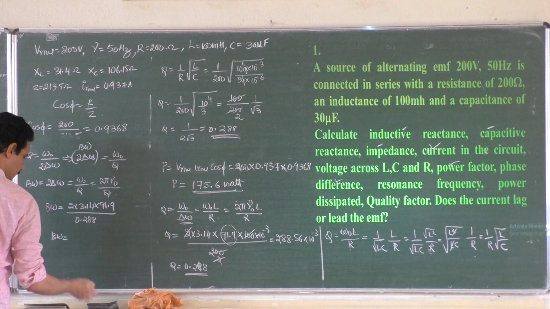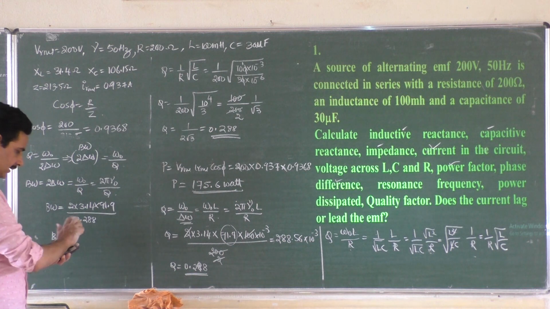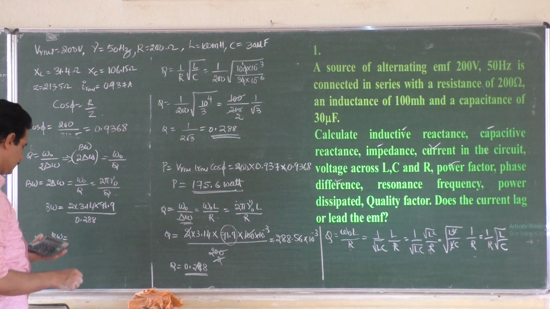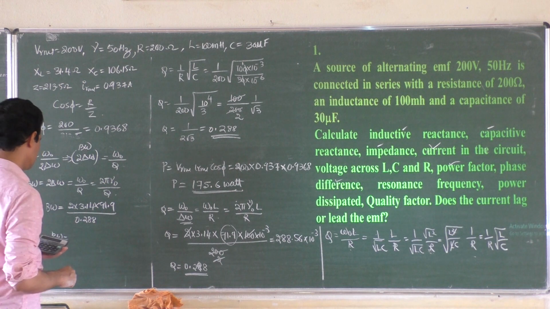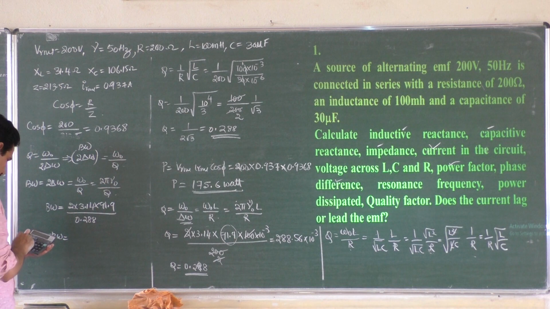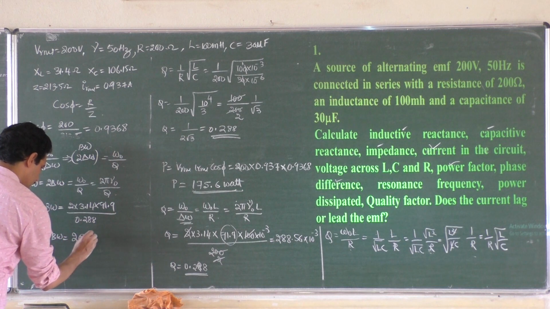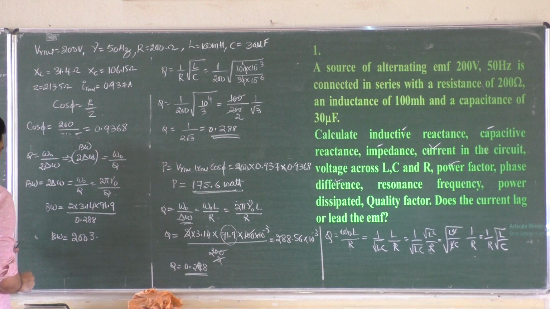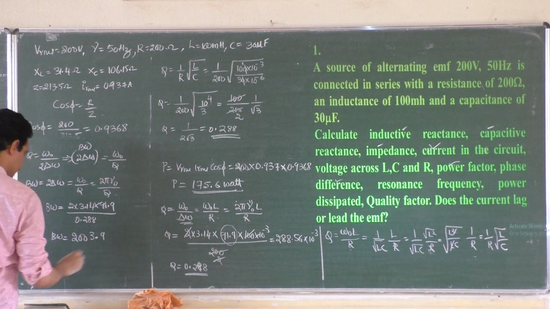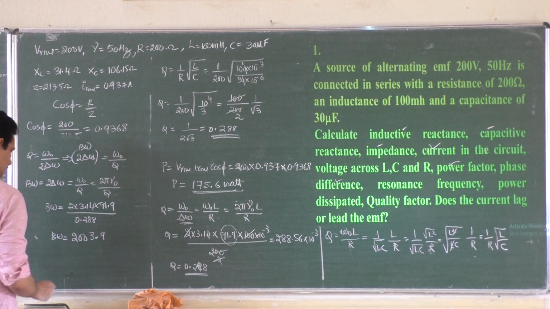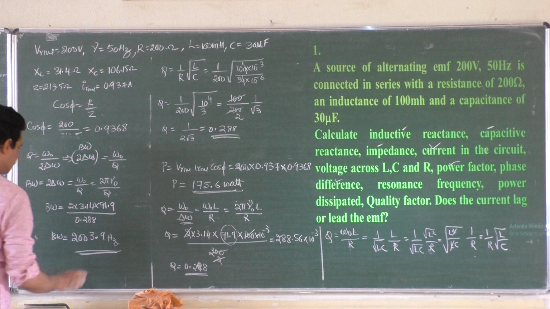Bandwidth is the range of frequencies across which the current is at least maximum by root 2. 2 into 3.14 into 91.9 divided by 0.288 is 2003.9, I doubt. Bandwidth 2003.9 hertz. One minute, I will check it.